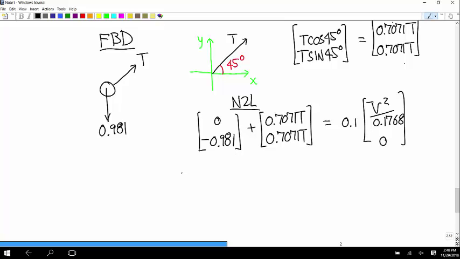We can use the y equation first to solve for T. So that says negative 0.981 plus 0.7071 T is equal to 0.